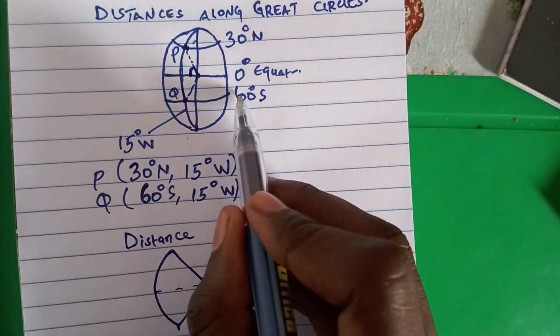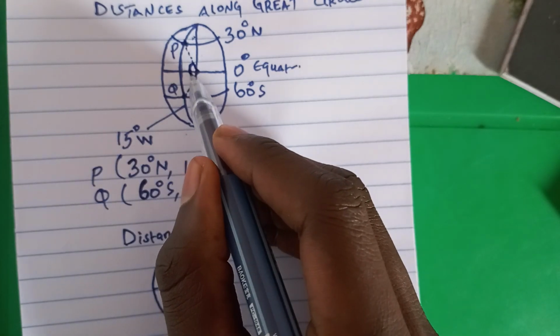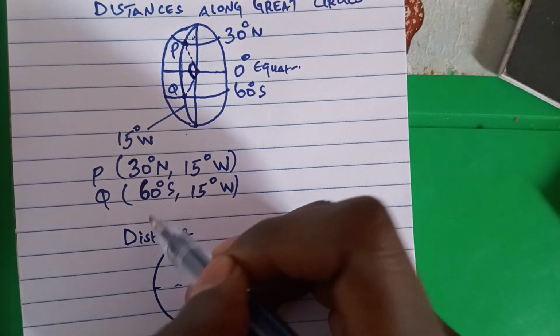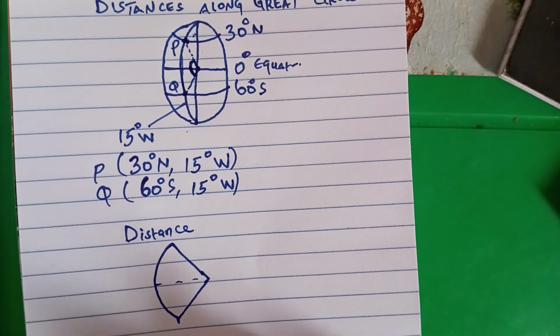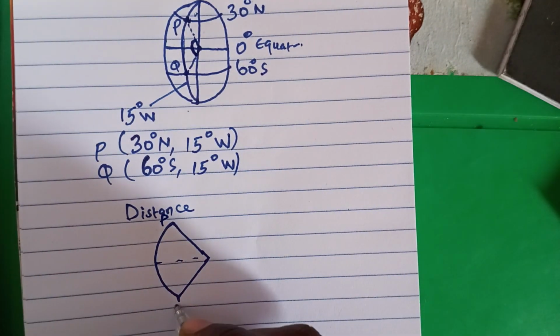And then if down here we have 60 degrees south, the angle from this point down here will be 60 degrees. So this is our point P, and this one down here is our point Q.